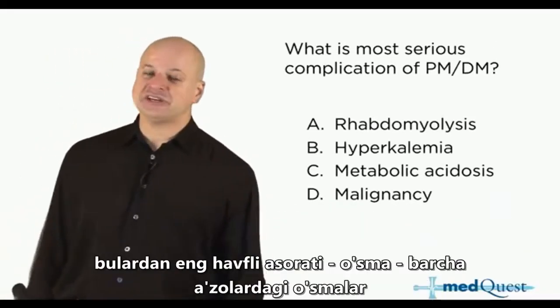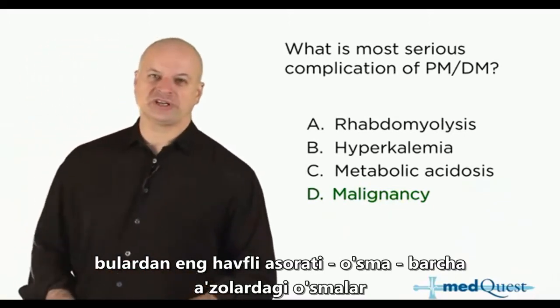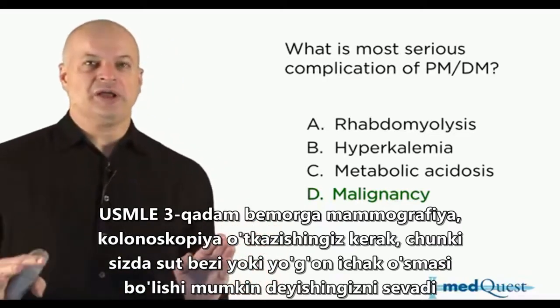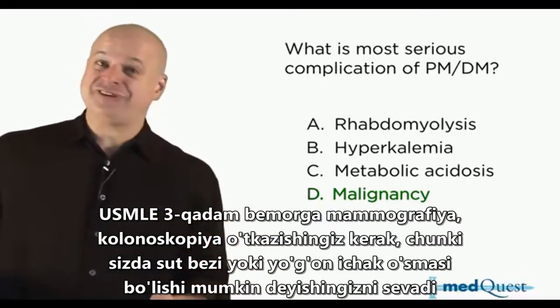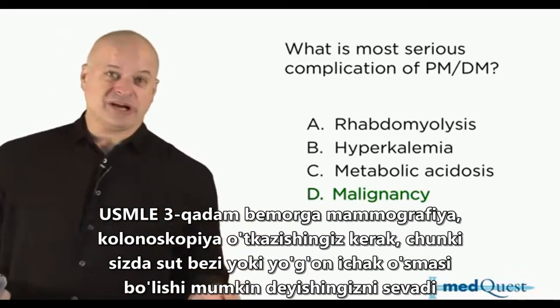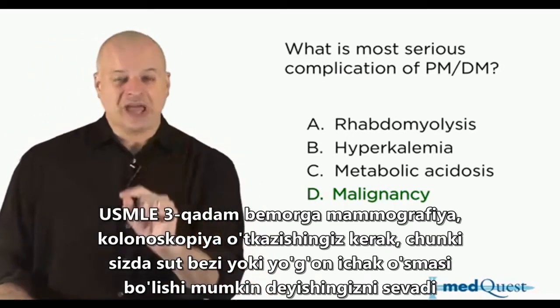But the most serious of all of these things is cancer, solid organ tumors. And Step 3 of USMLE loves you knowing that you can tell the patient, look, you need to get your mammography, you need to get your colonoscopy, because you could have breast and colon cancer. So we need to go chasing those malignancies. That's the worst thing.